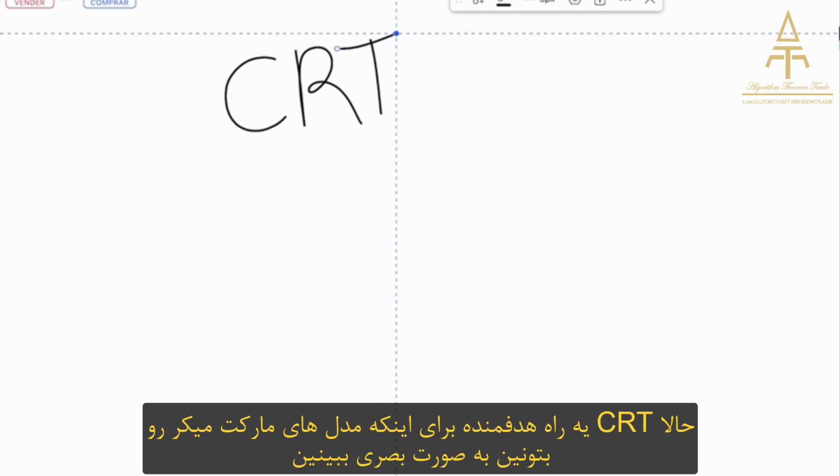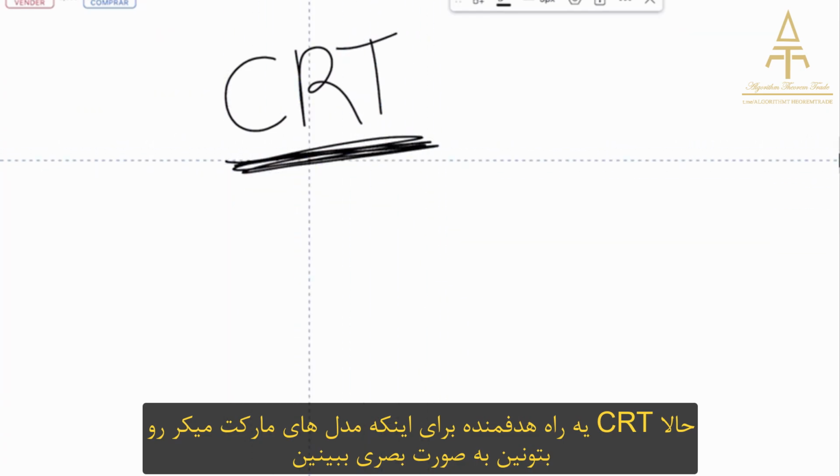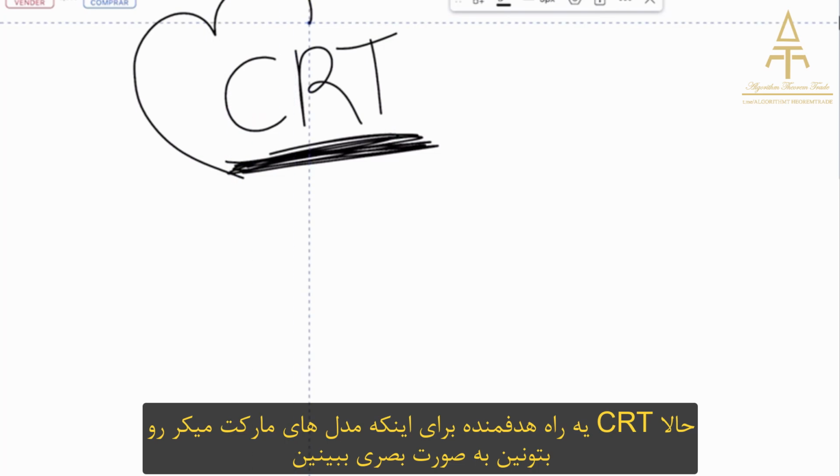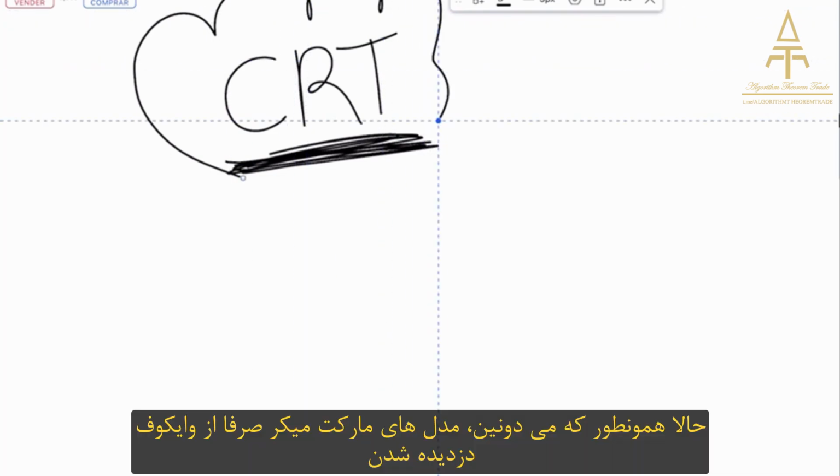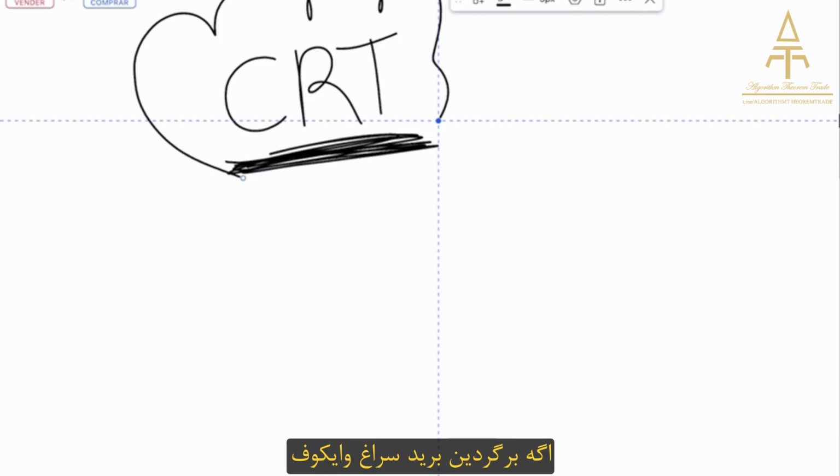Now, CRT is an objective way to visualize the market maker models. As we know, the market maker models are simply stolen from Wyckoff, right? If you go back and look at Wyckoff schematics, you'll see plenty of market maker models.